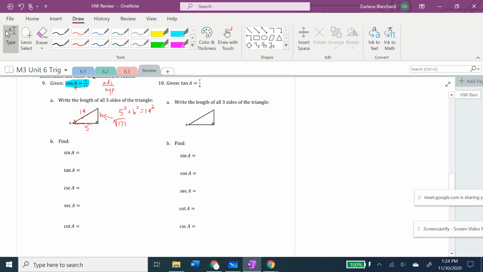So with sine, what is sine going to come out as for number 9? And I'm still waiting for someone to say something in chat, so I'm not just doing this.